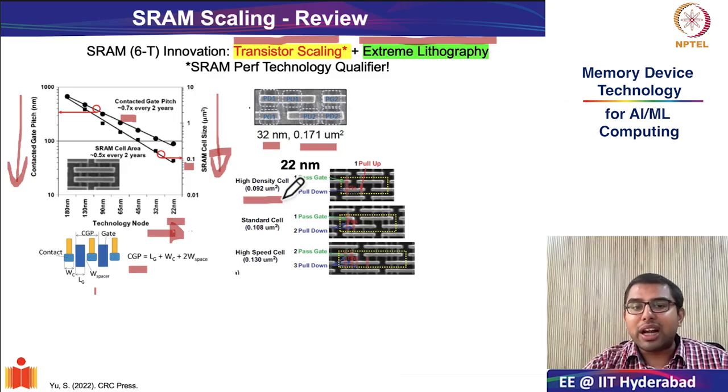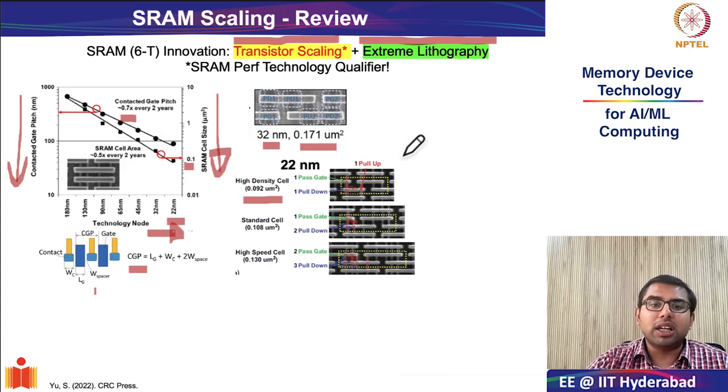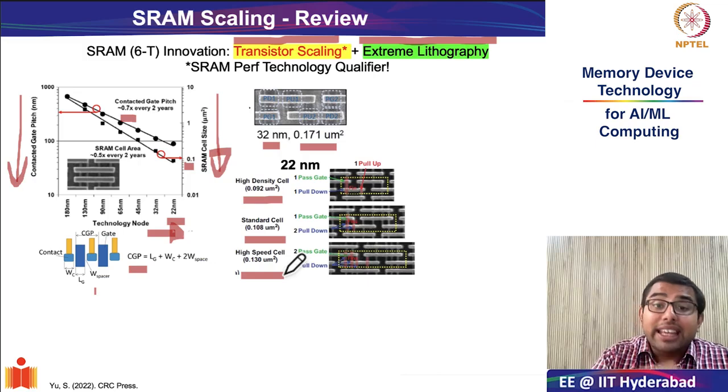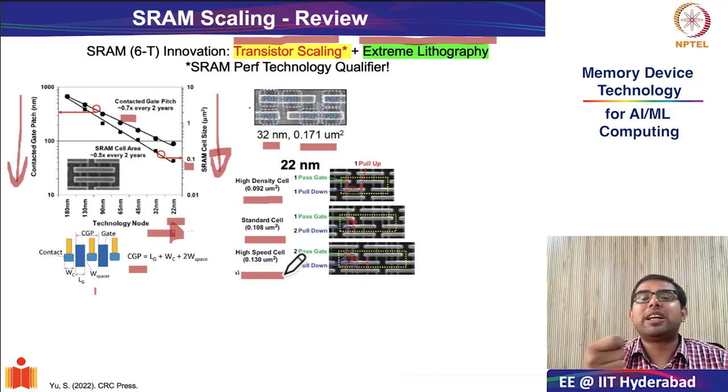The second advantage, as you can see from this figure, is that in the 22 nanometer node, unlike previous generations, you could have different cell libraries for the SRAM cell: the high density cell, the standard cell, and the high speed cell, which optimize for area or for speed.